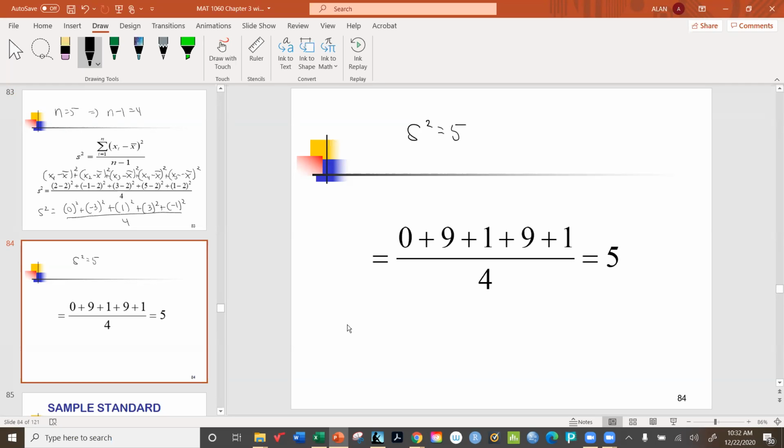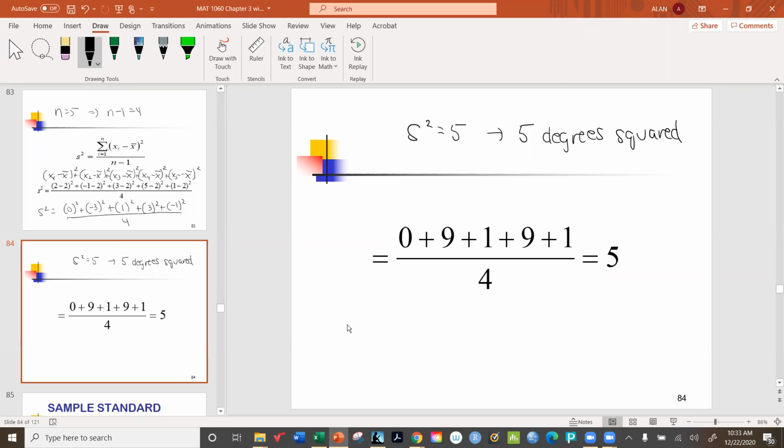So in other words, this is actually going to be 5 degrees squared, which makes no sense to anybody. So what are we supposed to do? 5 degrees squared, what is that? We don't know what a degree squared is. So this is why we need the standard deviation.